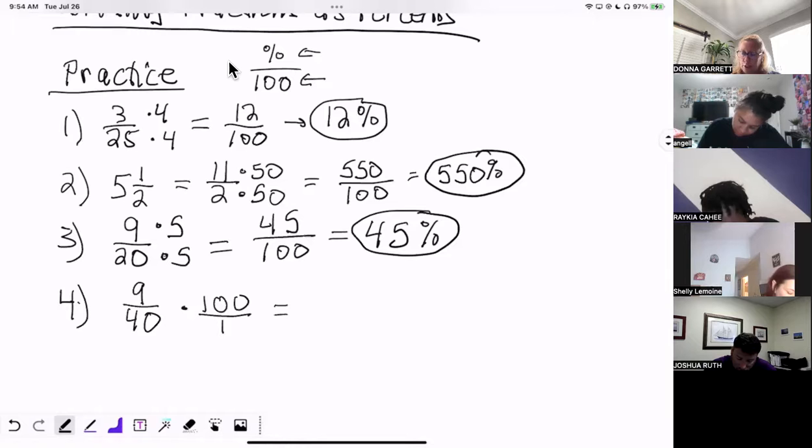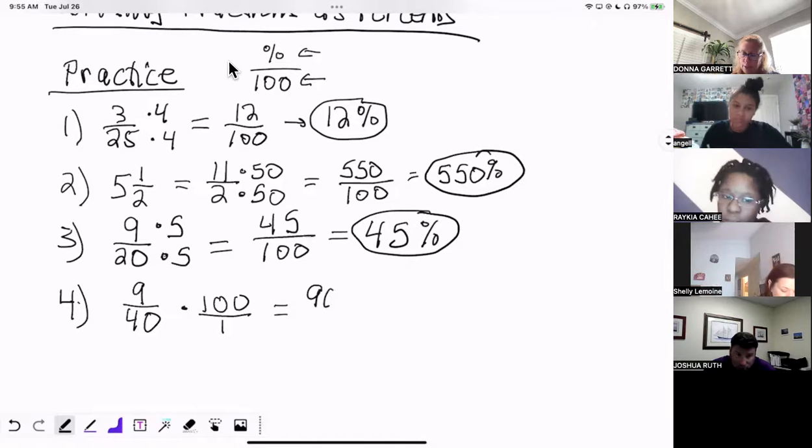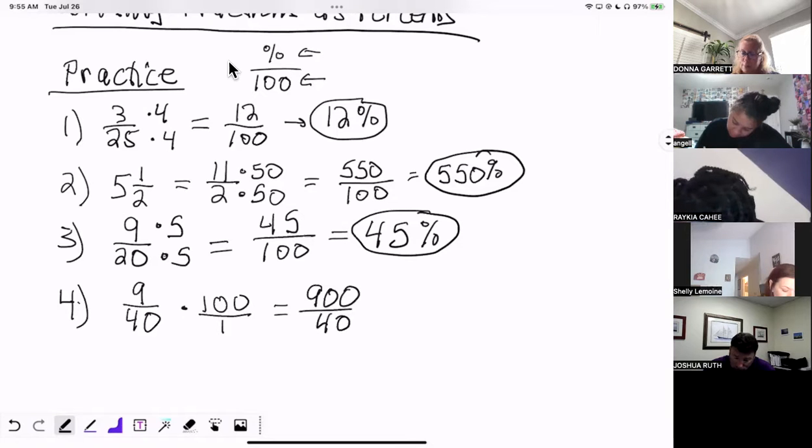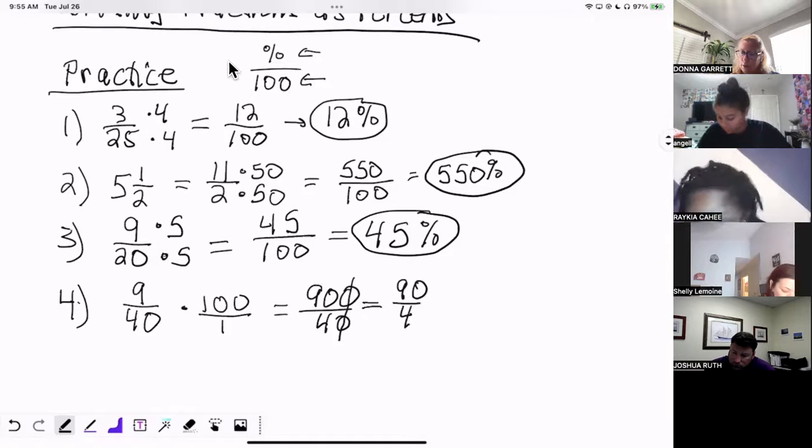You multiply the numerators and the denominators, 900 over 40. We're going to simplify. So one of your 0s can come out. I have 90 over 4. And then I could simplify it again. I can divide it by 2. 45 over 2.